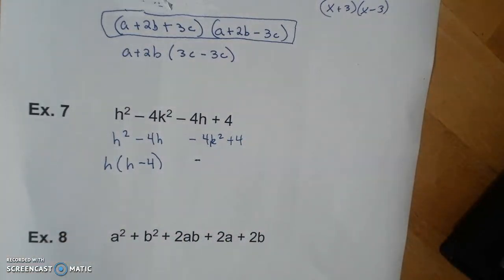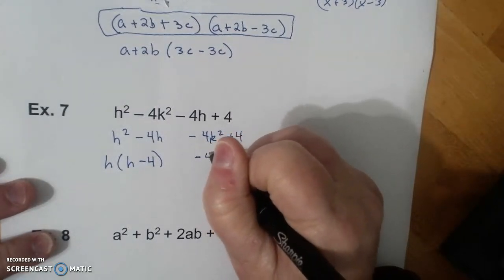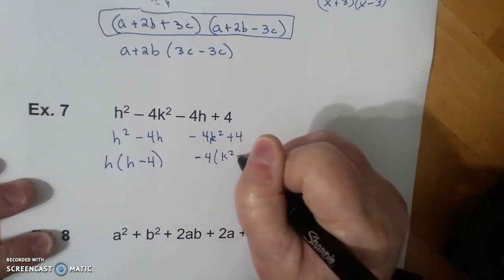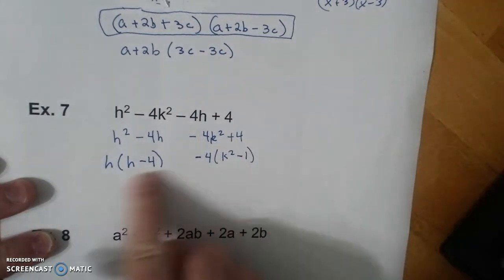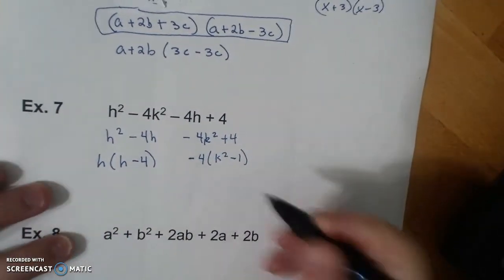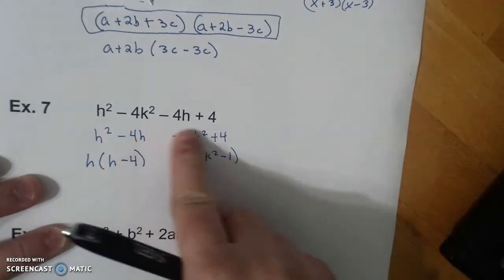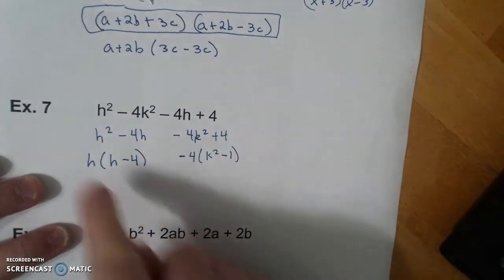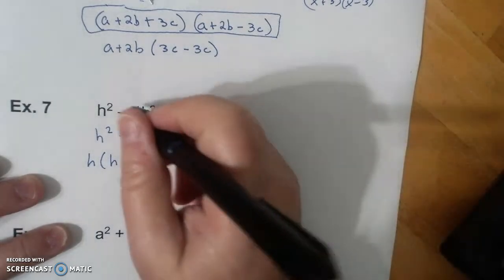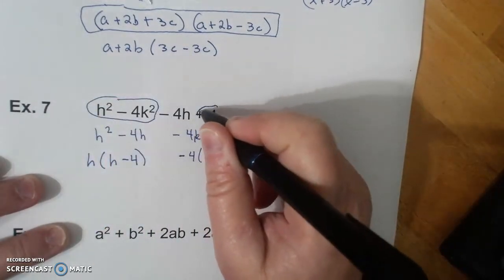I'm going to stop right there. I'm going to take a -4 out and get k squared minus 1, and nothing is the same. And so I'm going to go back, and this is where things are going to start jumbling around, and you're going to have to start playing and stuff like that. So I am actually going to group this with this one.